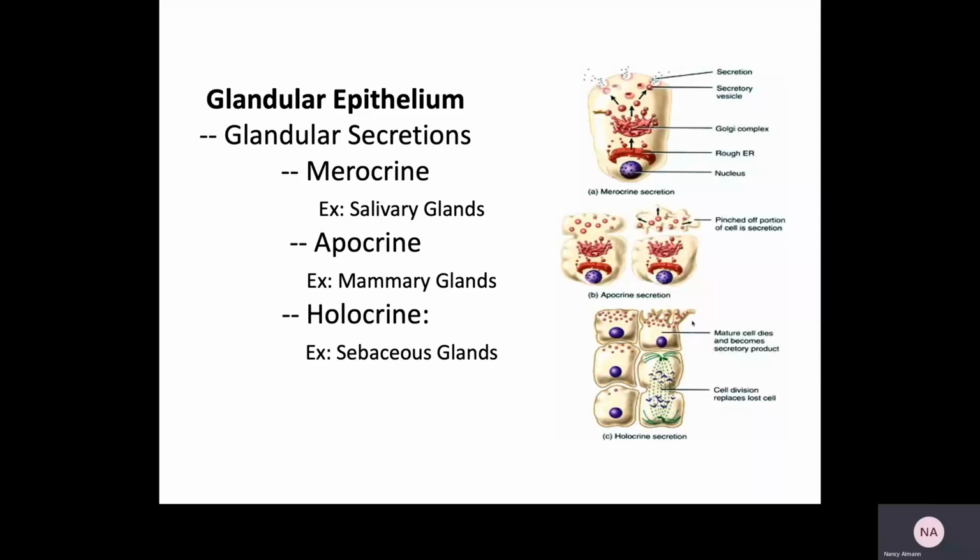When you talk about apocrine glands, not only are the glands producing a secretion, actually part of the gland is being pinched off and released with that secretion. And then when you talk about holocrine glands, an example of that is sebaceous glands, which we'll talk more about when we get to the integumentary system, the actual cell dies and becomes the secretory product.